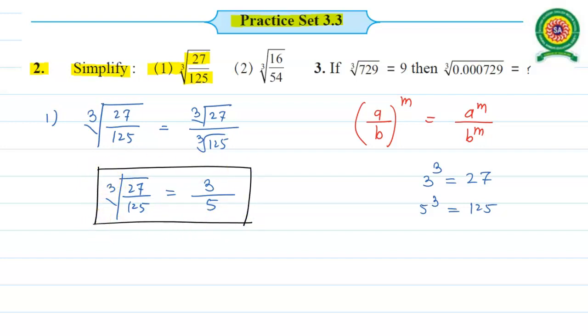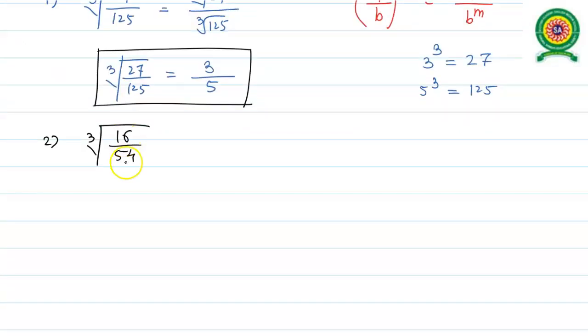Look at the second sub question. We have cube root of 16 divided by 54. So what shall we have to do? Look firstly at the numerator and denominator. We have 16 in the numerator and 54 in the denominator.